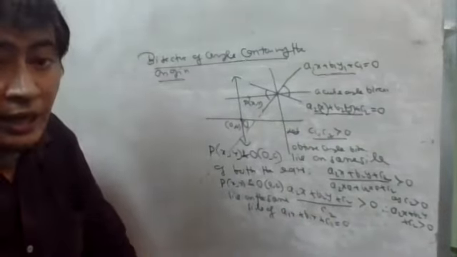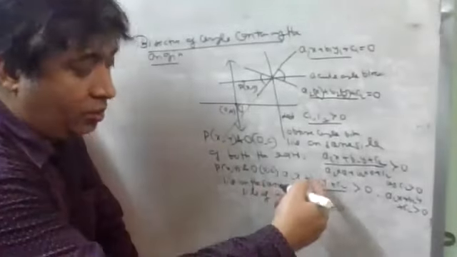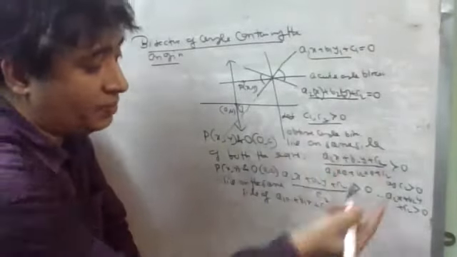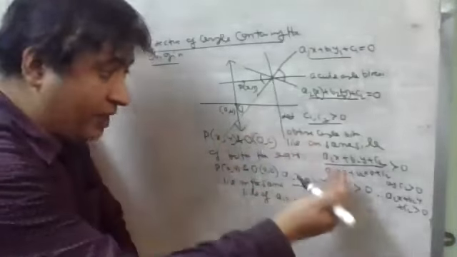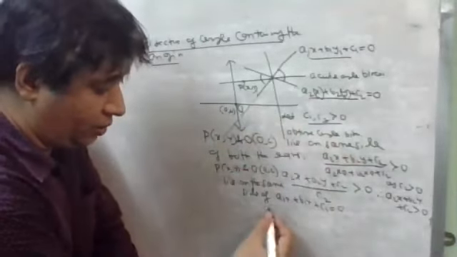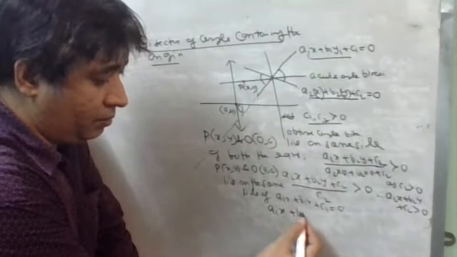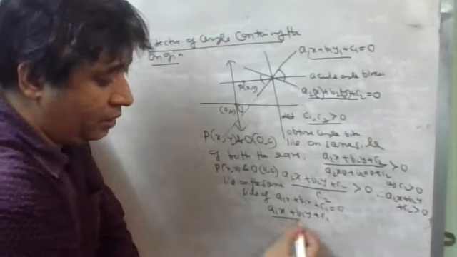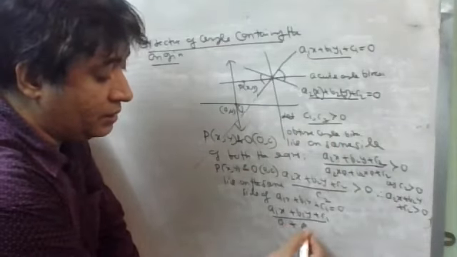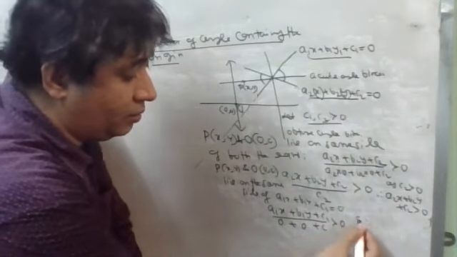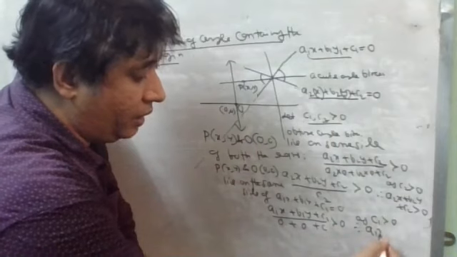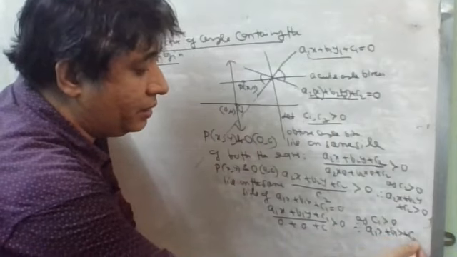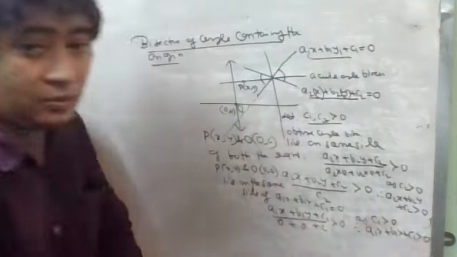So like the previous method, the previous method will recur in this case also. a1x + b1y + c1 by 0 + 0 + c1 greater than 0. As c1 is greater than 0, therefore a1x + b1y + c1 is greater than 0.